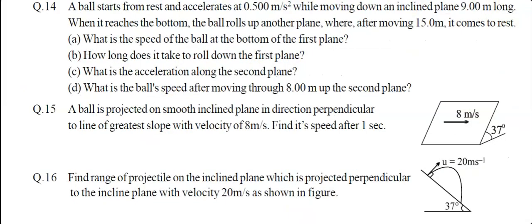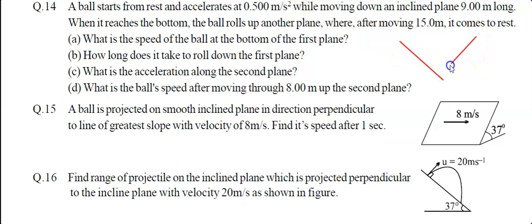Now let's talk about question number 14. It says a ball starts from rest, accelerates while moving down an inclined plane, this meter long, reaches the bottom, rolls up another plane and comes to rest. So you need to draw a picture. Let me draw a straight line.